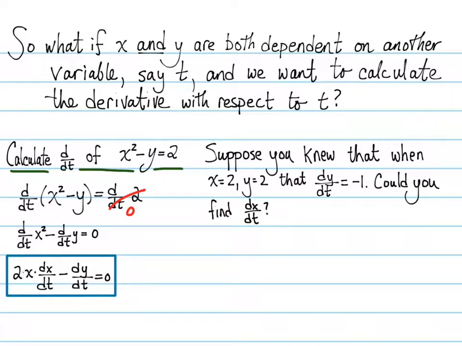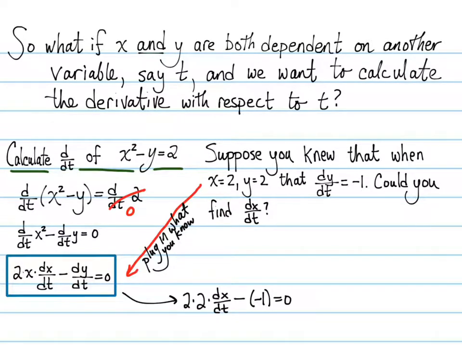Sure, you just take the equation you just found and plug in all of the pieces of information that you have. So we get 2 times x, which is 2 times 2, times dx/dt, which is what we don't know, minus dy/dt, which is negative 1, equals 0. So 4 times dx/dt plus 1 equals 0, which simplifies to 4 times dx/dt equals negative 1.